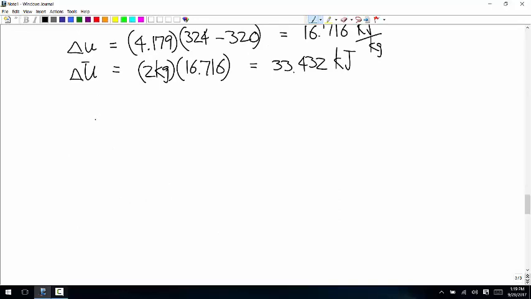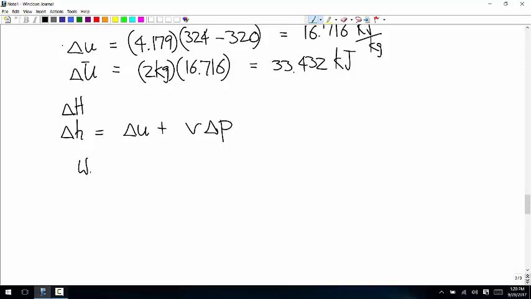So now for the enthalpy, we want to calculate the change in H. Change in specific enthalpy is the change in specific internal energy, plus the specific volume, which we're assuming is constant, times the change in pressure.